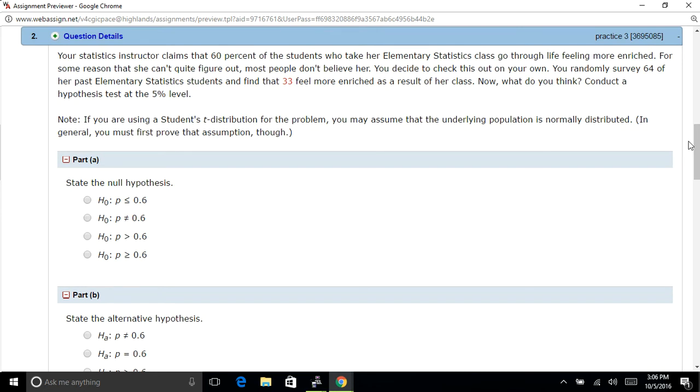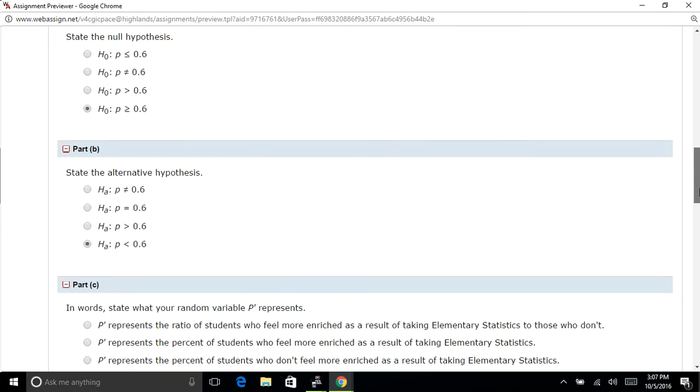The reason I can't do it in the null is because she believes 60% or more are enriched in her class, so it would be that one. I know this one's a little bit confusing, but you have to think about where she said she can't figure it out, people don't believe her. So they're saying that's not that high. So that's where I get these hypotheses.